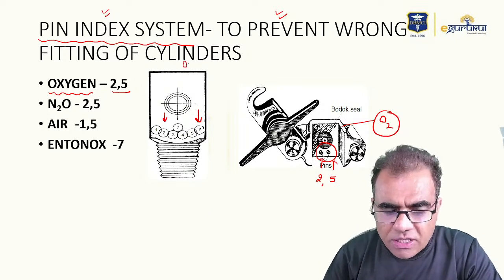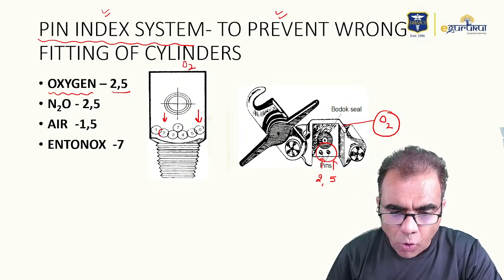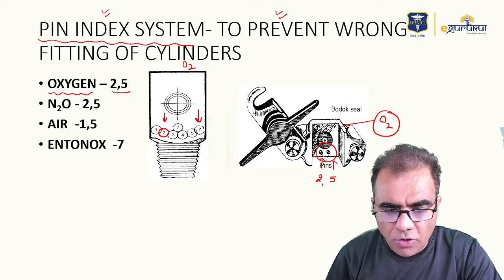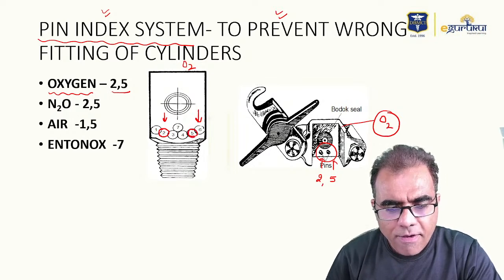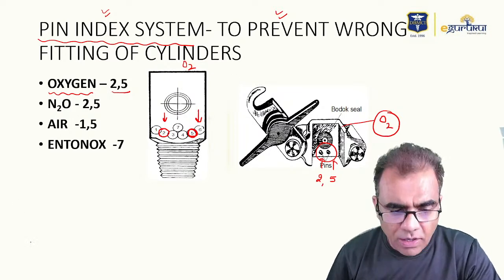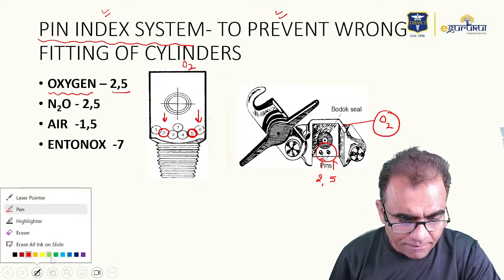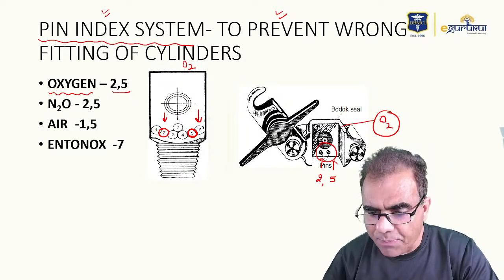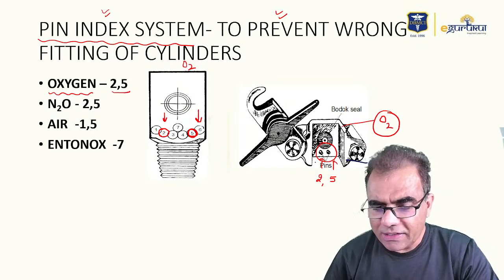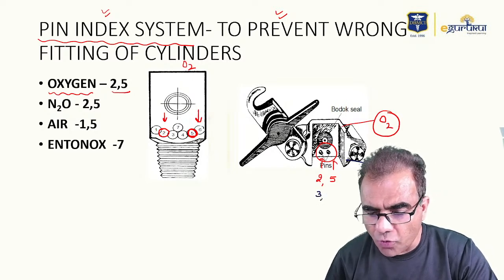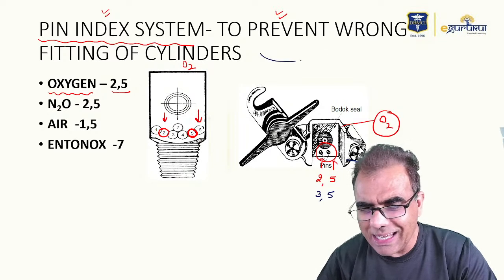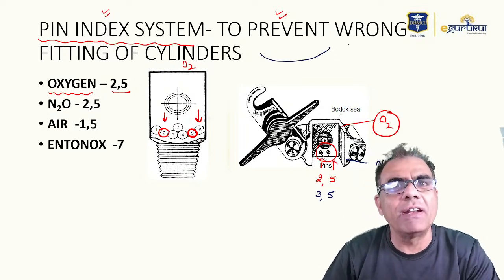And if this is an oxygen cylinder, then the position of the holes will be 2 and 5. Now, nitrous oxide cylinder, say if this is a place for nitrous oxide cylinder, then this position will be changed from 2 and 5 to 3 and 5. Means these are the 7 pinpoint positions they have decided.